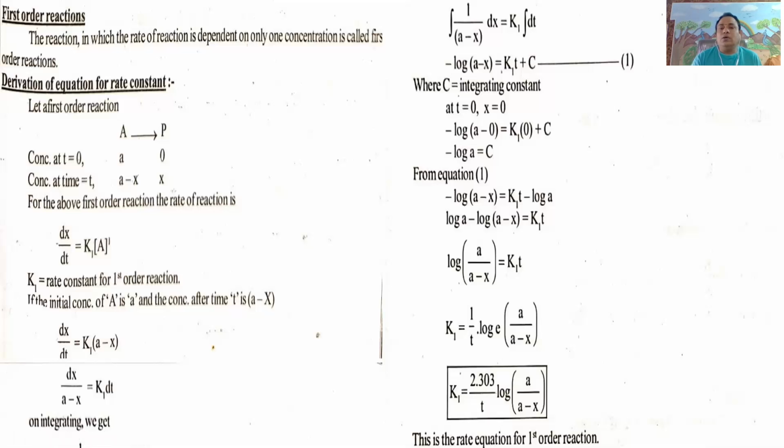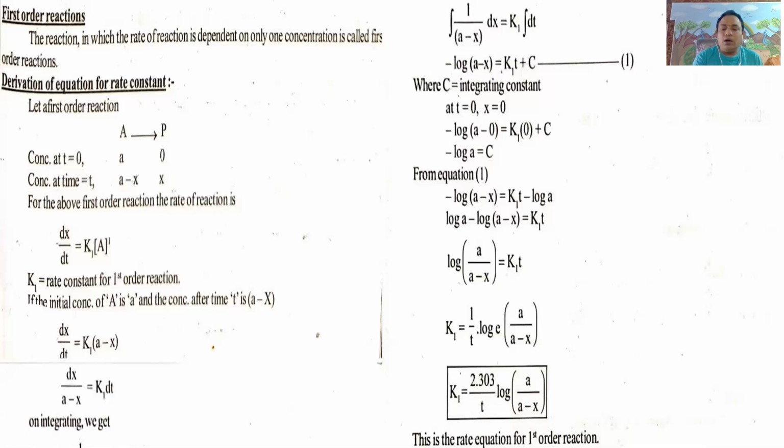Generally, the natural logarithm ln equals 2.303 times log base 10. Therefore, the first order rate constant equation K1 equals 2.303 by t into log a by a minus x.